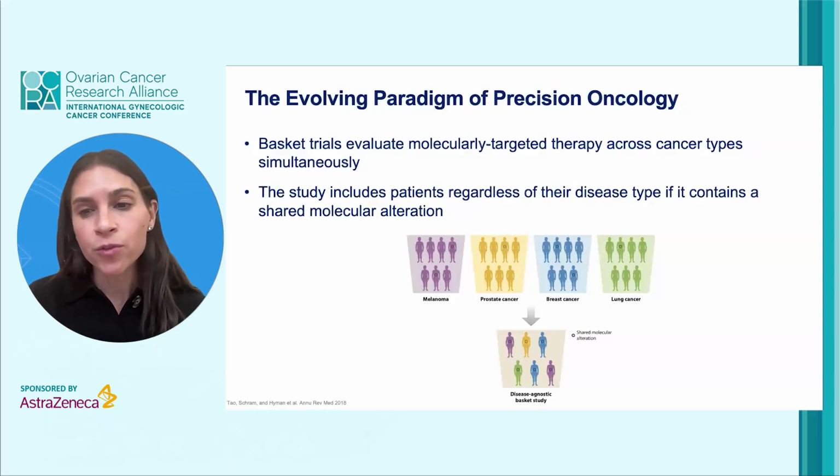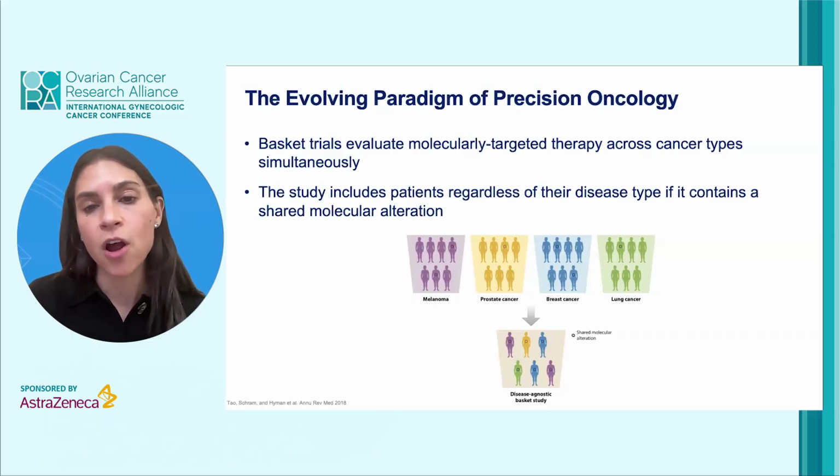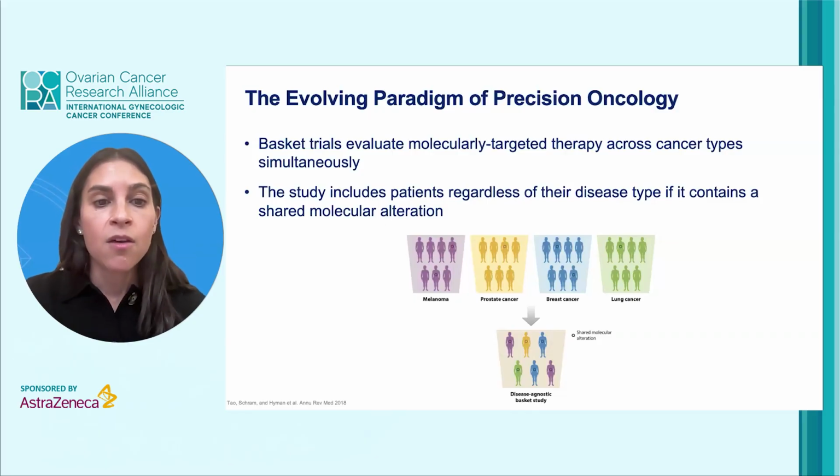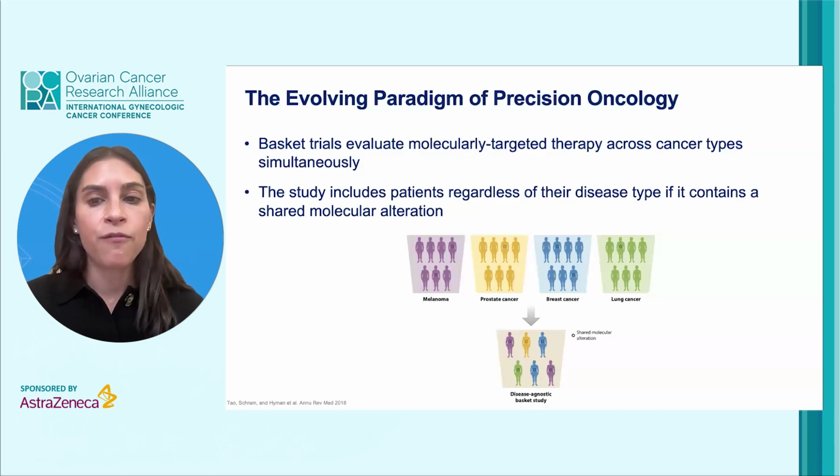So we've started to use, with increasing frequency, basket trials. Basket trials are a methodology of clinical trials that evaluate molecularly targeted therapy across cancer types simultaneously. These studies include patients regardless of their disease type if the cancer contains a shared molecular alteration.